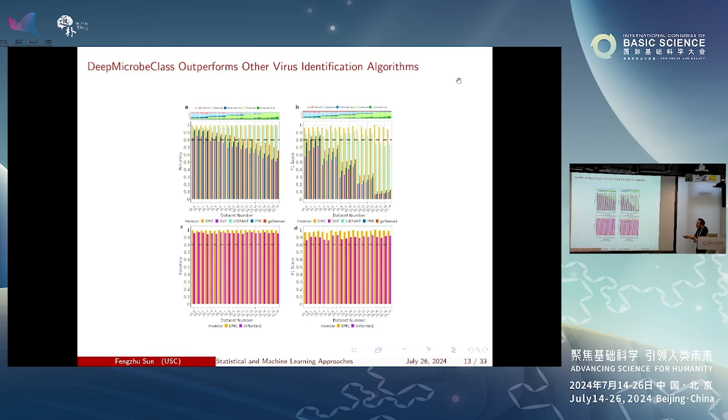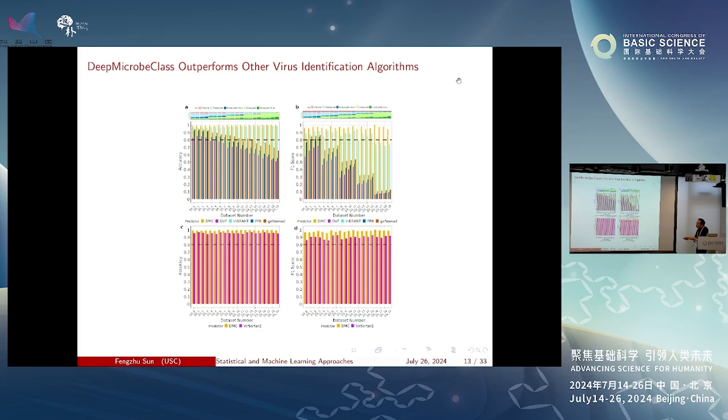For each panel, those are the prediction accuracy for the 5 different classes. We compare with a variety of different software out there just for the virus identification problem. And this is the first algorithm that classifies those sequences into the 5 different classes. So here we just talk about the virus identification.